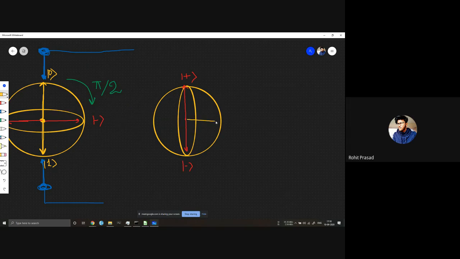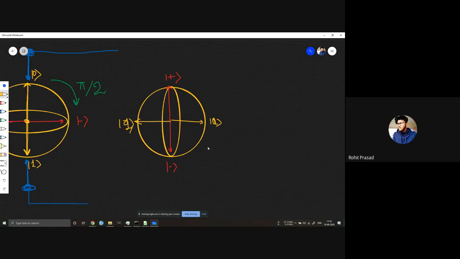And this was your one, this was your zero. So now what our circuit will do is check if it's in this upper state or down state, right? So you will get this plus state or minus state. So now it's measuring in the plus basis or minus basis.